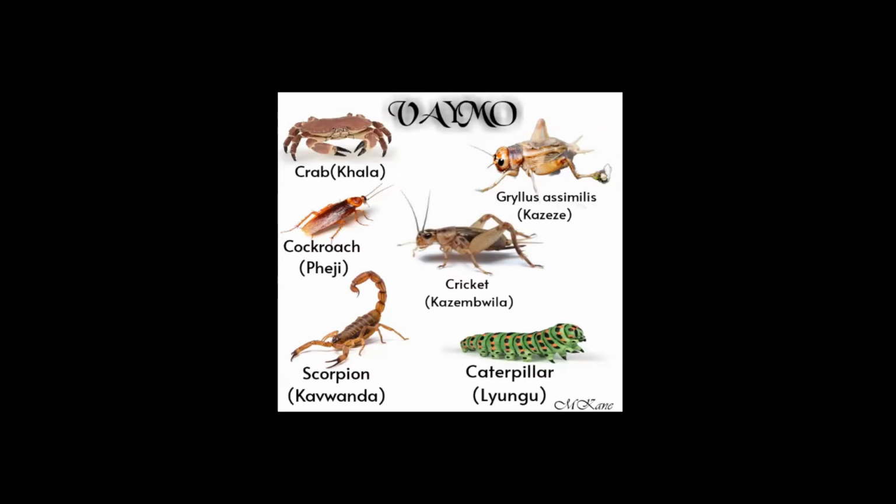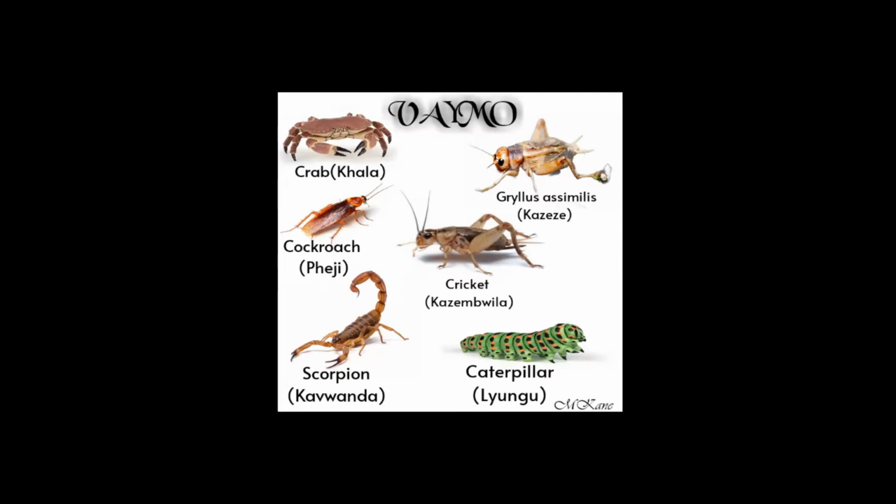So Gryllus assimilis, it's kazeze. Then we have cricket, kazembwila. These two look alike to one another, but one has a small body, the other a big body.